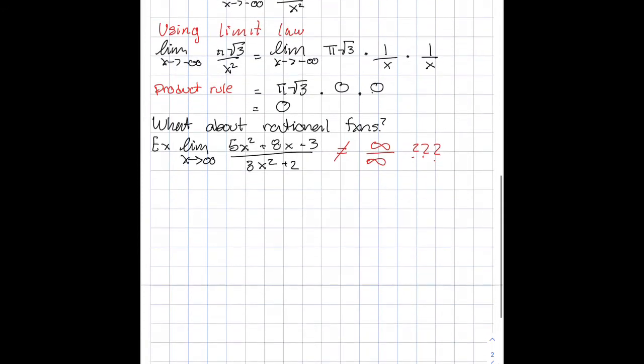So what we're actually going to do, since infinity divided by infinity is, I think it's called improper, I believe is the correct term. But I say it's illegal. Don't do that. Don't write that. So what we're going to do is divide the numerator and the denominator by the largest power in the denominator.